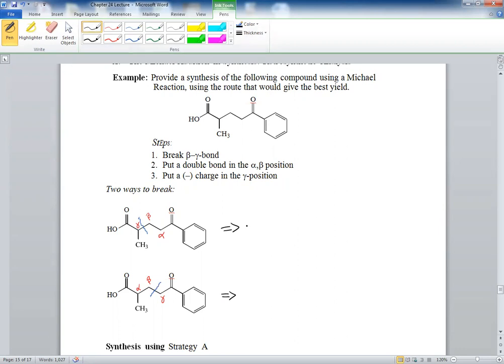If we break this, we would be left with the OH the same, CH3, and then of course you have an enolate, negative. And then the beta would be the CH2. Well, actually, let's just make it without the CH2.